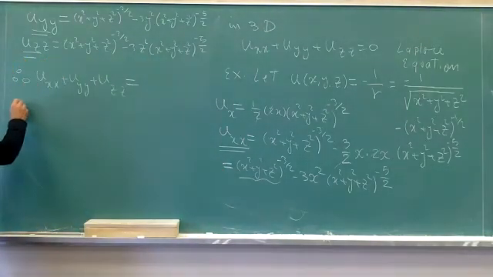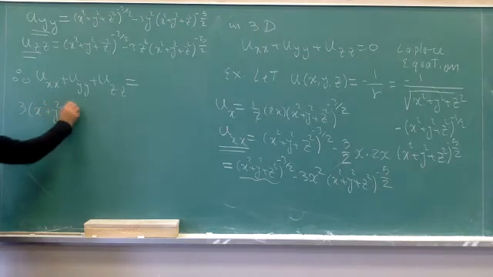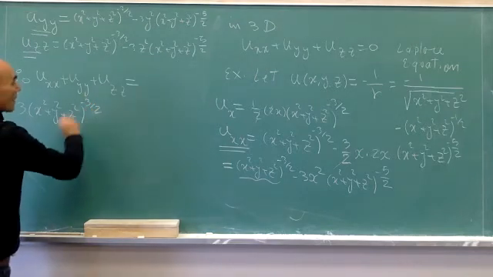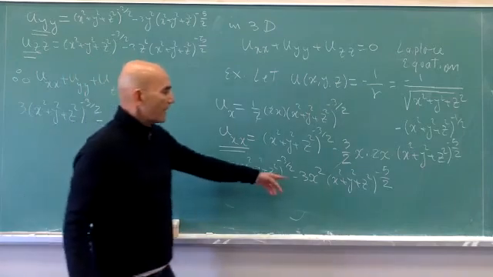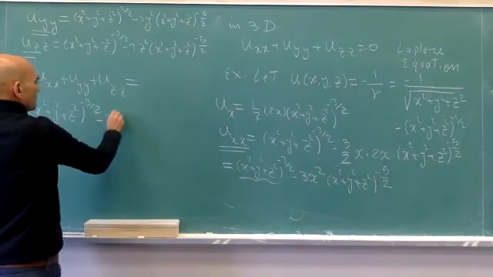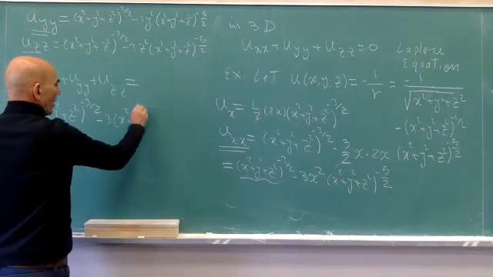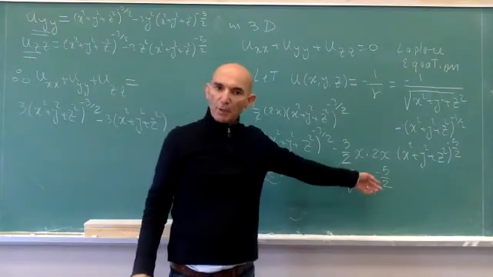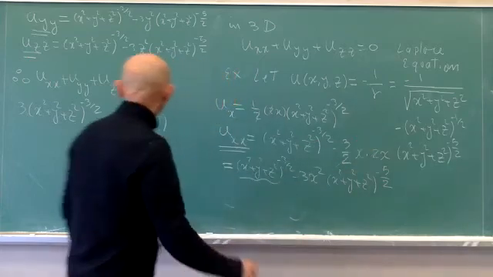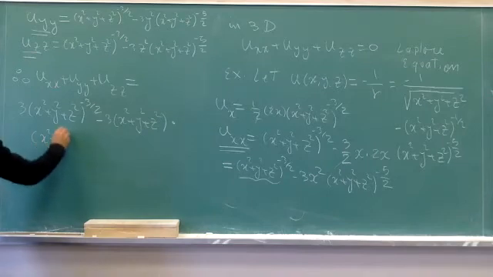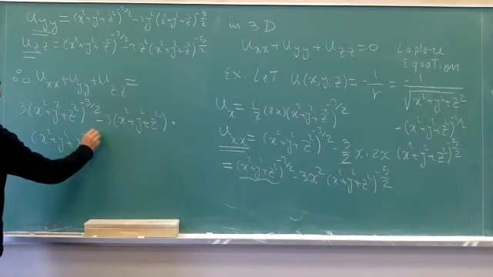So you get 3 times (x² + y² + z²) to the power negative 3/2. Then there is this factor of negative 3 times (x² + y² + z²). You just factorize those terms. And then there is a common factor (x² + y² + z²) to the power negative 5/2.